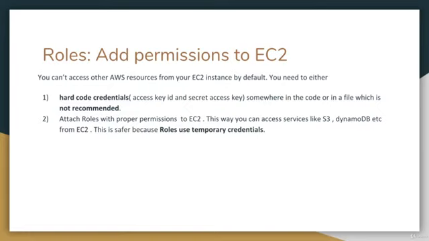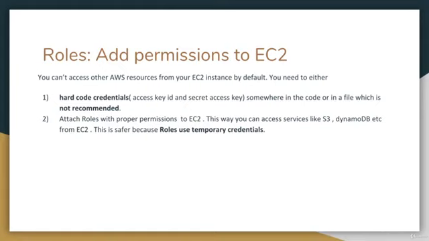But a better way would be to use IAM roles, and the roles will have the necessary permissions to work with other services like S3 and DynamoDB. And this is usually safer because roles use temporary credentials using the Security Token Service, and they live short term, so they are safer.